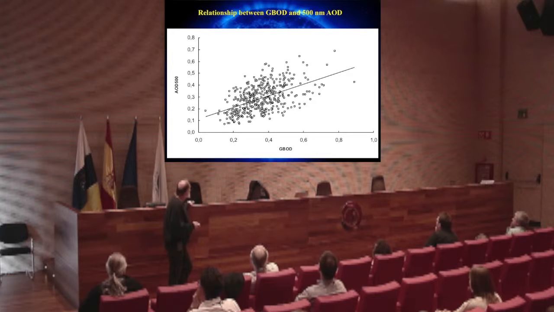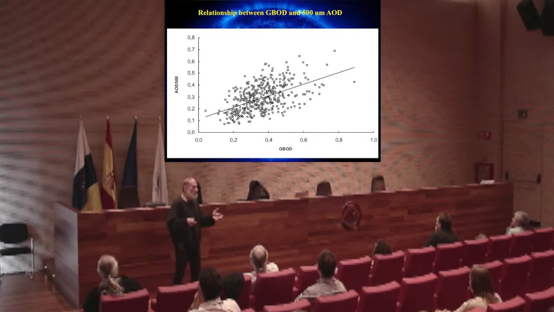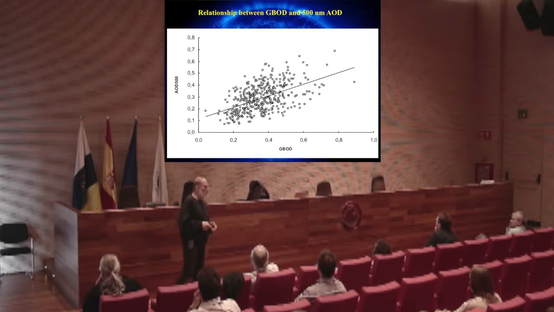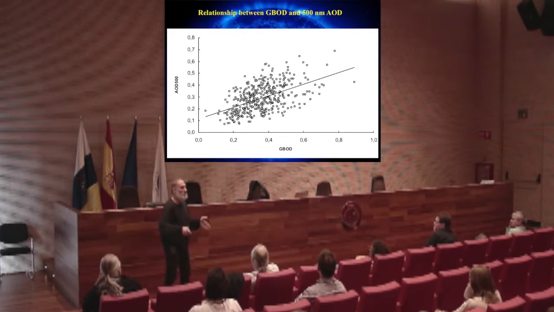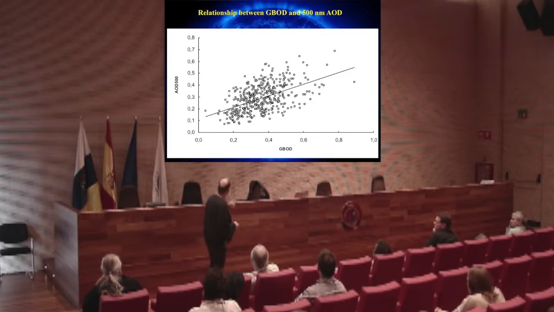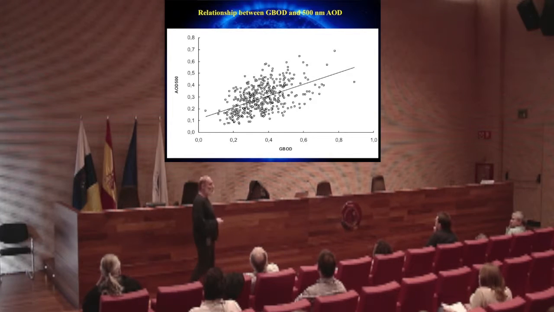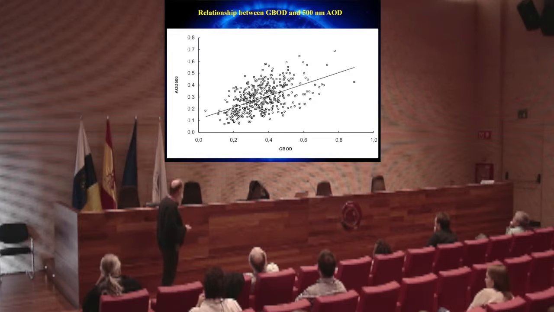It is the relationship between the gray body optical depth, I mean the optical depth that describes the transparency over the whole sensitive range of the pyrheliometer, and the AOD for 500 nanometers.